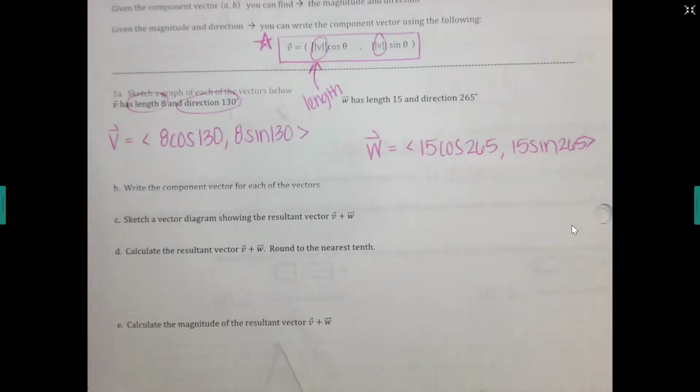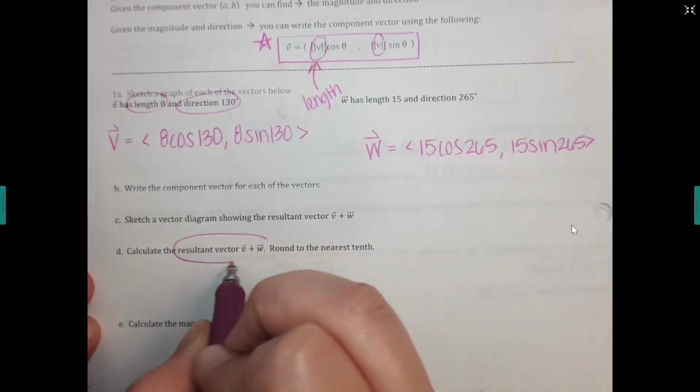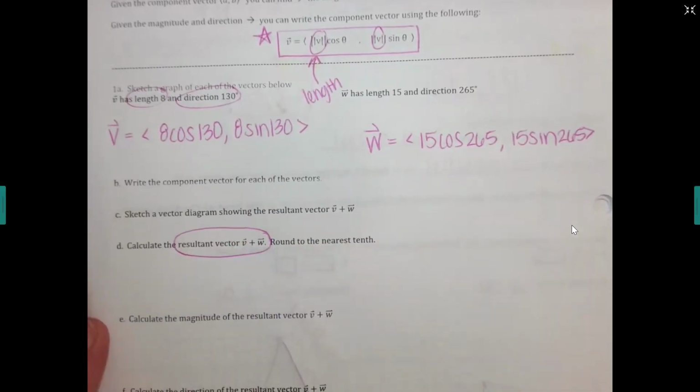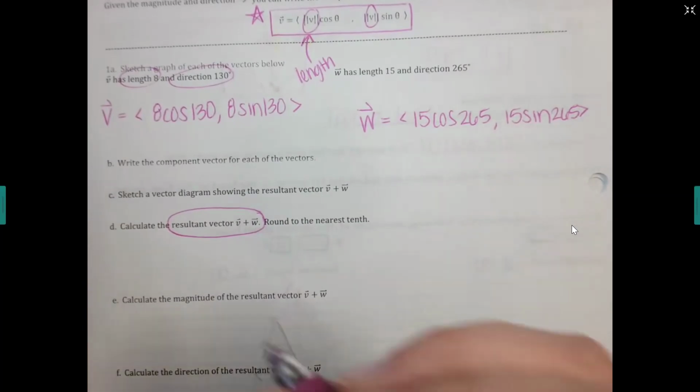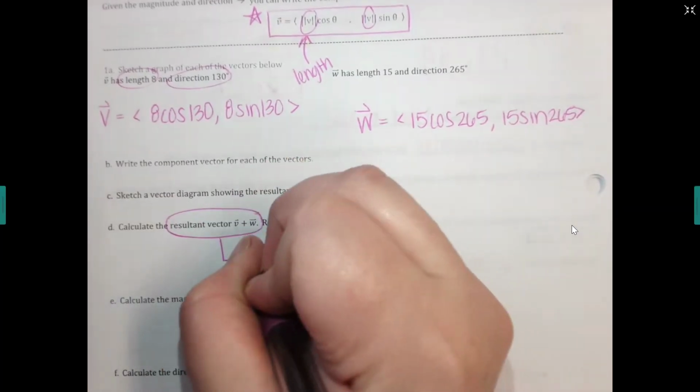Okay, now from here, if you are asked to add the vectors, you have two choices. You could do it by hand, like I showed you with the picture, or you could just add the two X's and then add the two Y's. So that's what we're going to do here because that's a little bit easier.